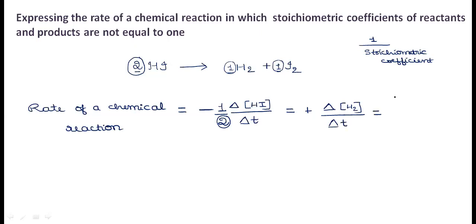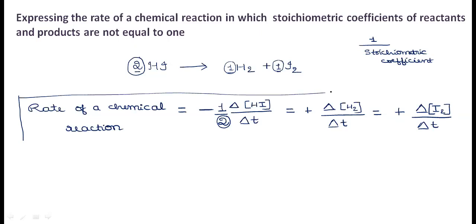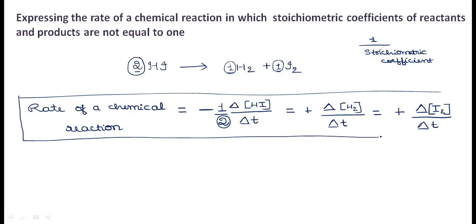And with respect to other product, as it is a product plus sign, 1 by 1 is 1, hence it is delta concentration of iodine divided by delta T. So like this, the definition of rate of a chemical reaction can be related with respect to all the reactants and products given in the equation.